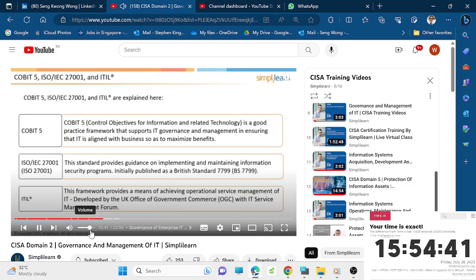ITIL is a hands-on framework that provides a means of achieving operational service management of IT, developed by the UK Office of Government Commerce, OGC, with IT Service Management Forum. We will learn about IT Baseline Protection Catalogs and ISM3. We'll continue to learn about governance of enterprise IT and various management frameworks in the next screen.